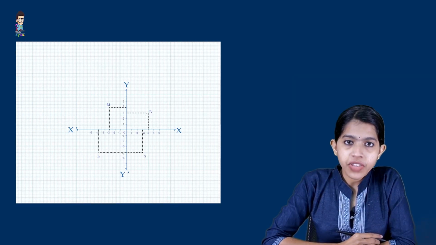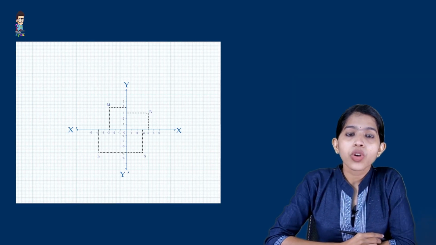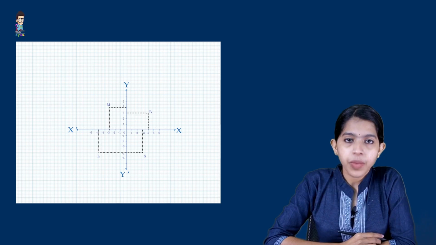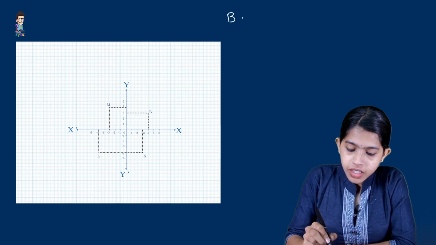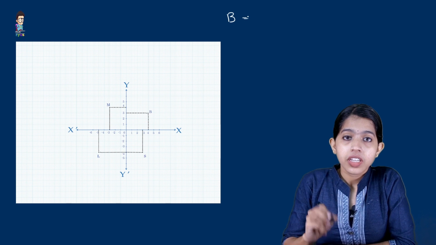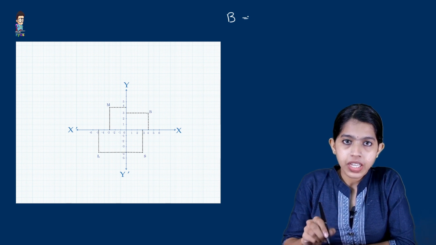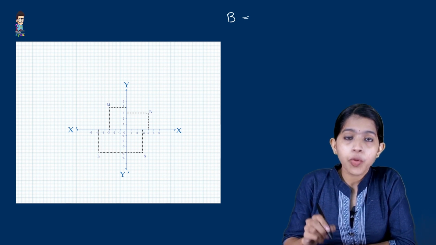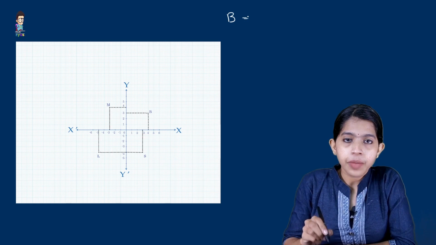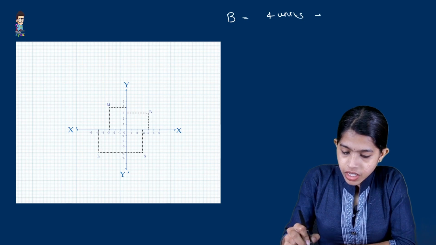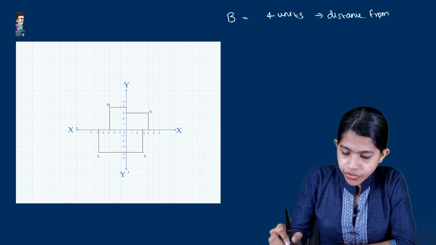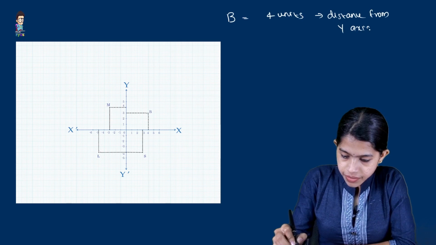Now look at the figure. Here we are going to mark the points in the plane. First of all, consider the point B. Now we need to find the position of B. Here we can see that the position of B from the y-axis is 4 units. This is the distance from the y-axis.